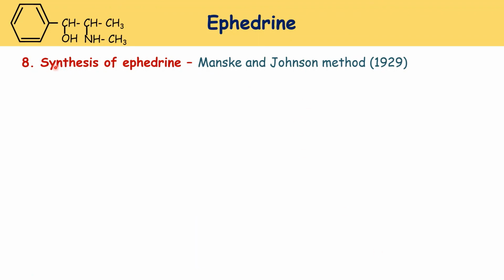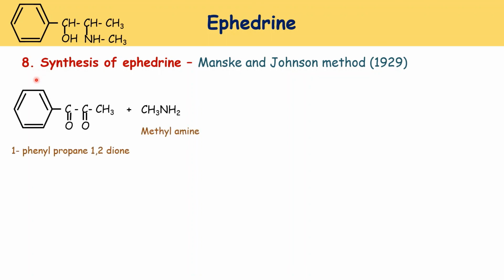And the structure of ephedrine is confirmed by synthesis. The synthesis starts from 1-phenylpropane-1,2-dione. It is treated with methylamine in the presence of methanol.